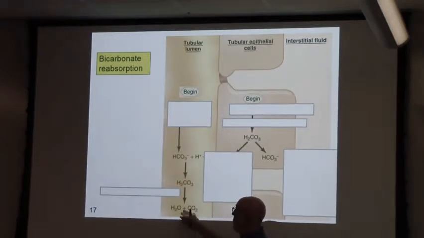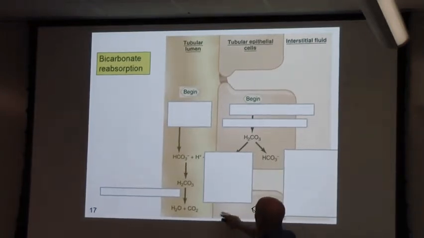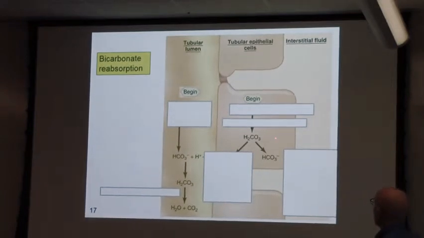Converts it to water and carbon dioxide. Carbon dioxide is freely permeable in all membranes, so carbon dioxide flows into the cell. Well, this cell is the same as this cell, so this carbon dioxide is inside this cell as well.